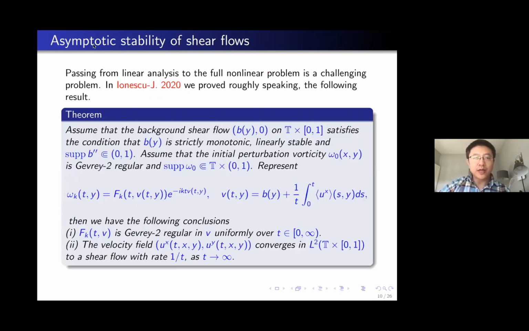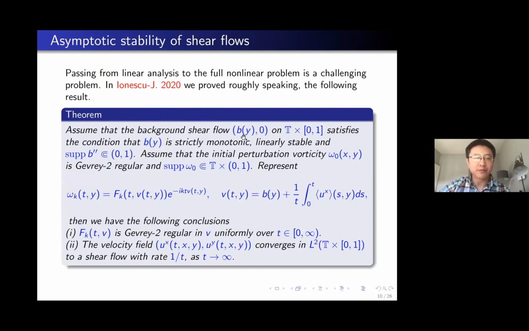So in the linear problem, if we do not have the boundary effect, then we can control the profile in Gevrey space. But then we want to extend that to the nonlinear problem, and that's actually a challenging task, and was proved by Ionescu and myself last year. Roughly speaking, we proved the following result.